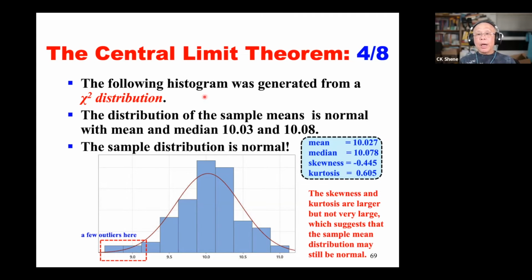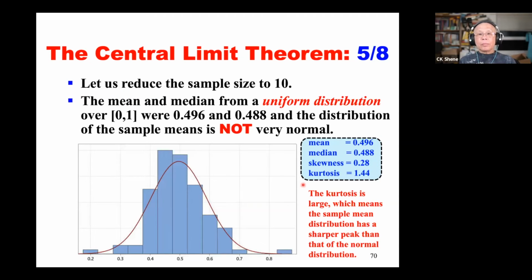The calculated mean of these 100 sample means is 10.027, median 10.078. Both are close to 10. And even though the kurtosis is moderate, it's still small. But notice here we have a few outliers, but it's okay.